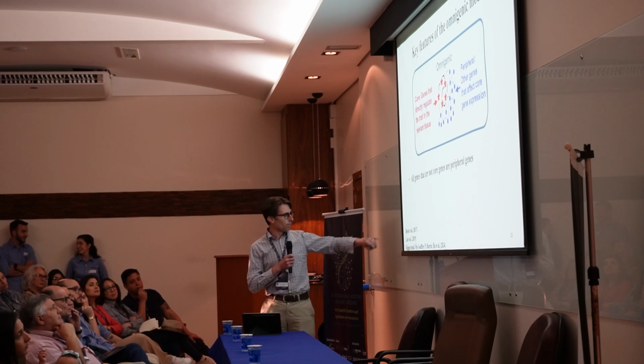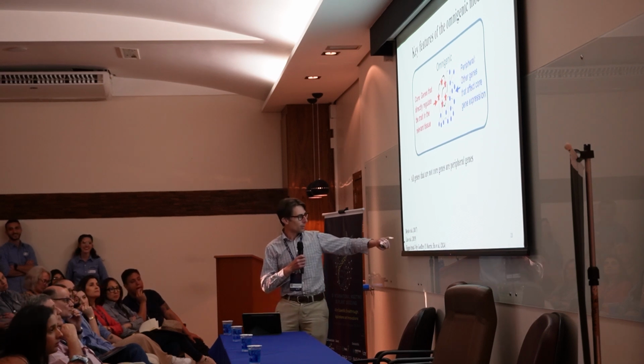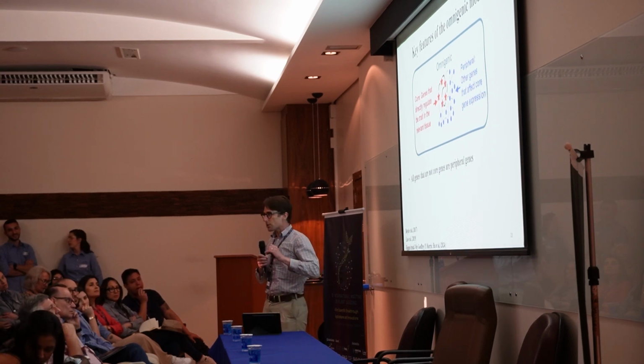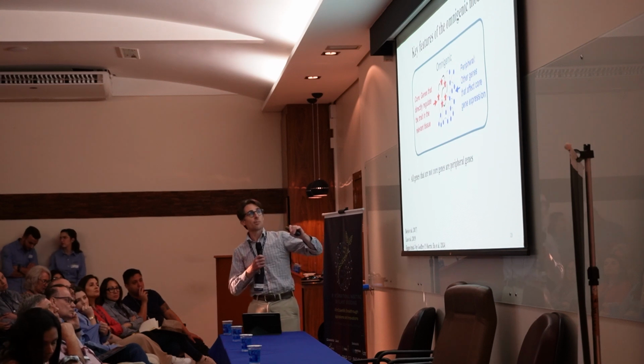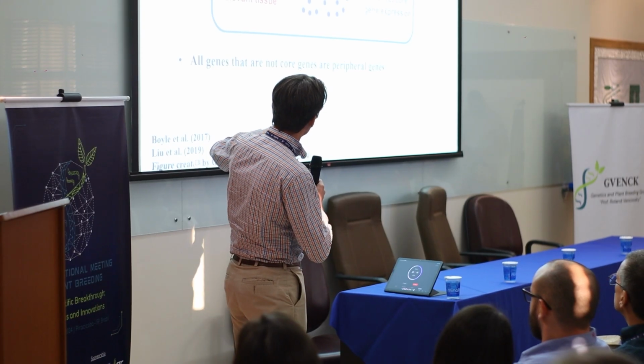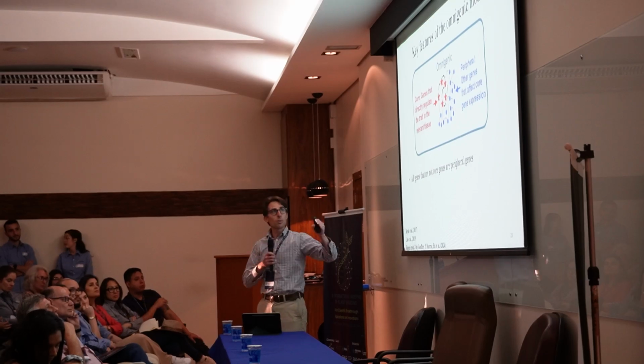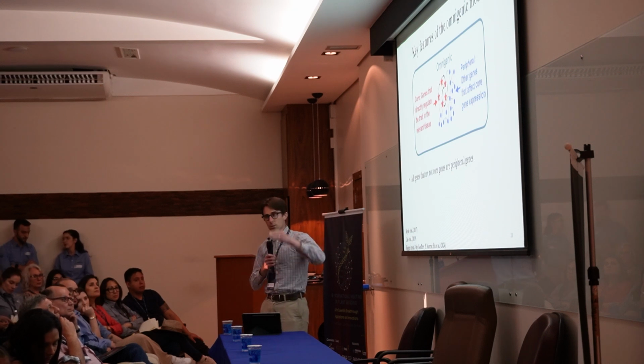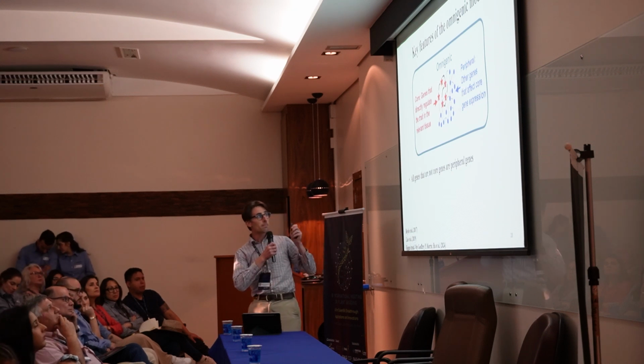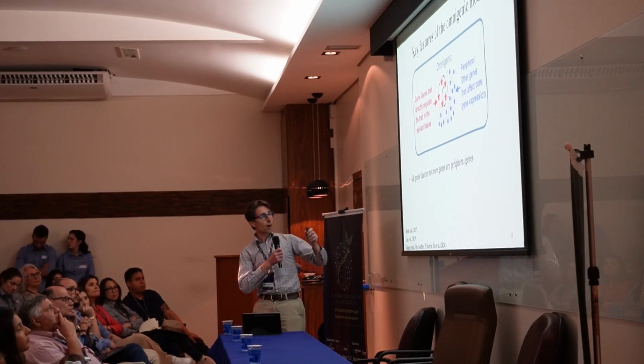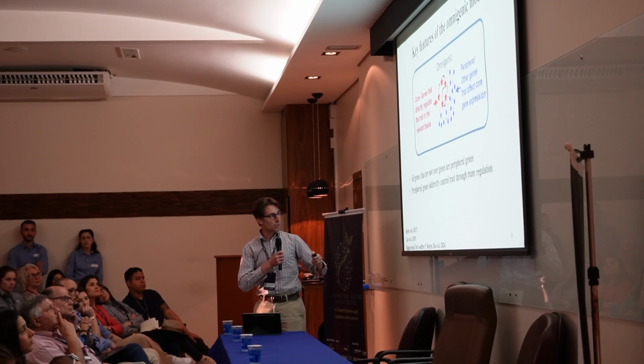And so that was Boyle et al. 2017, and then Liu et al., both from Pritchard's lab, refined the omnigenic model to say that these peripheral effects indirectly affect the trait through transregulation. But anyway, what this says is all genes that are not core genes are peripheral genes.